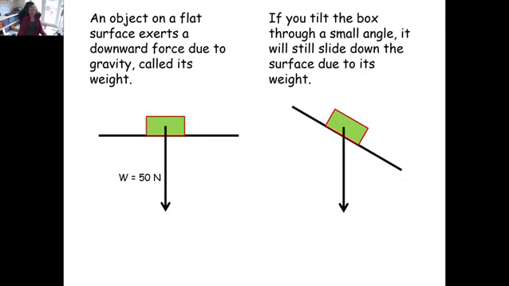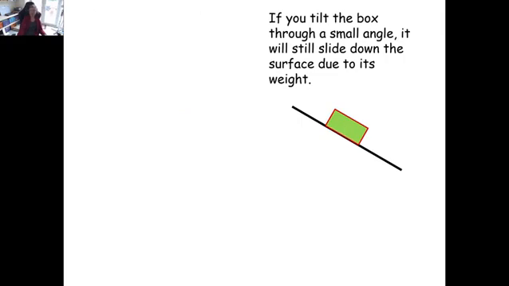The force of 50 newtons will act straight down, but the part of the weight that's sliding it down the slope will only be a small part of that total value of 50 newtons. Okay, so let's explore that a little bit more.